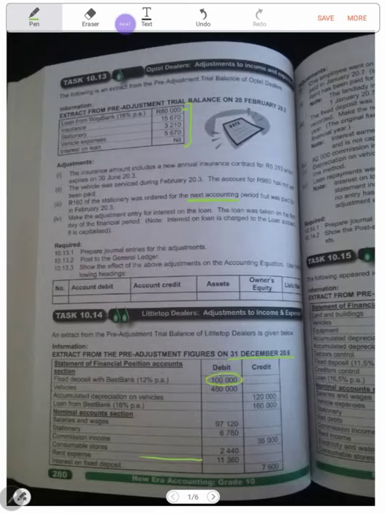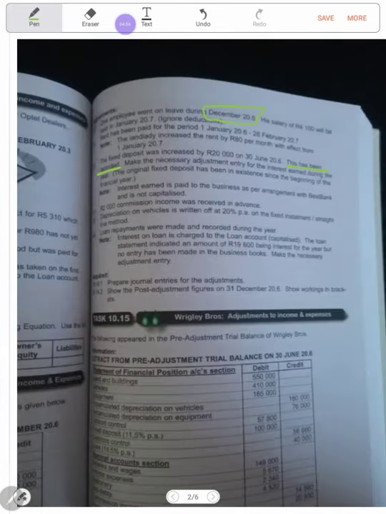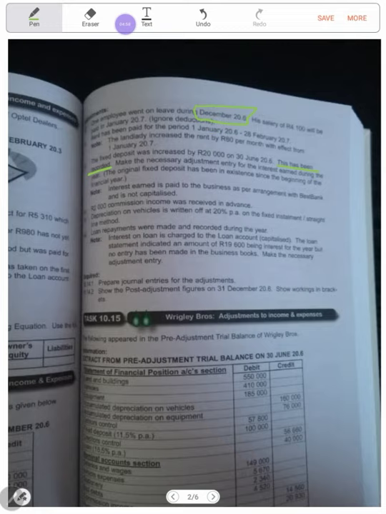So before our increase, how much did I have in this fixed deposit? I had 80,000. When did I increase it by 20,000? The 30th of June 20.6. Again, timelines are important. Make the necessary adjustments. Entry for the interest earned during the year.